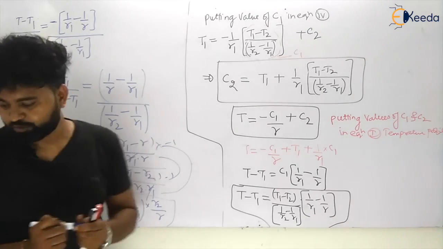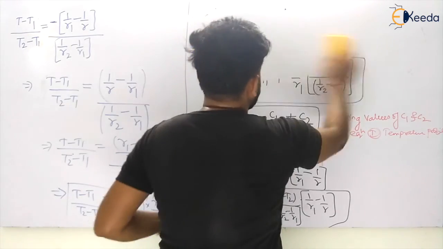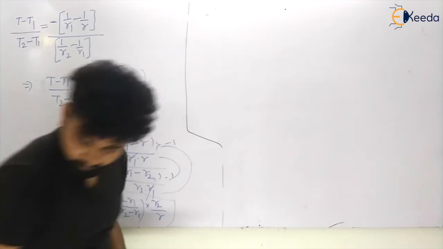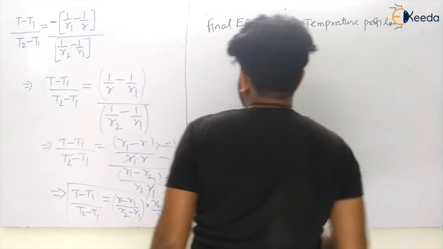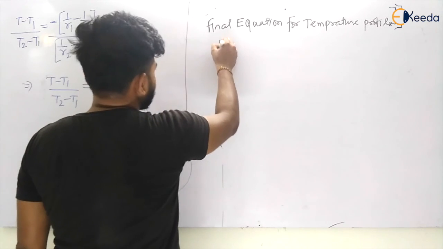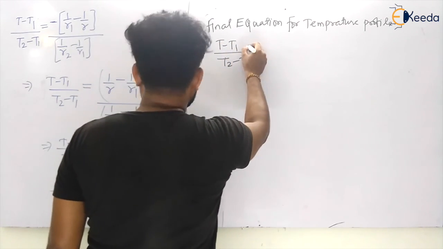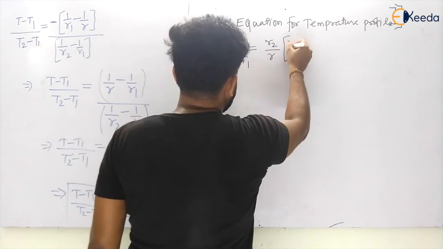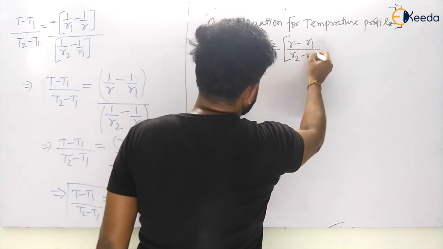So what will be the final equation for temperature profile? Let us see. The final equation for temperature profile will be T minus T1 divided by T2 minus T1, my dear students, is equal to R2 by R into R minus R1 divided by R2 minus R1.